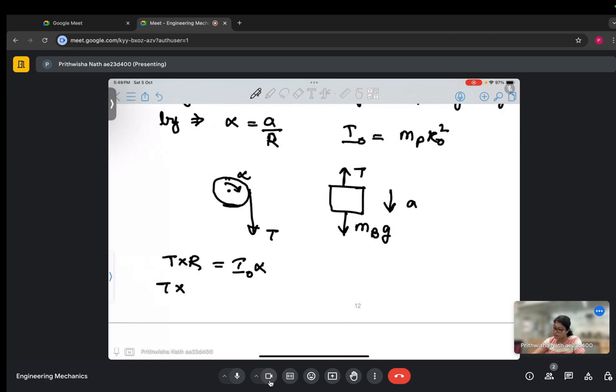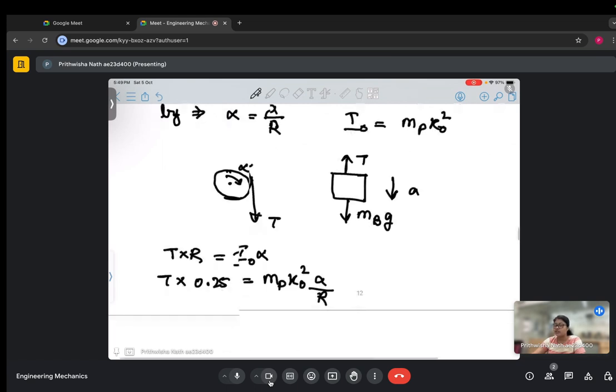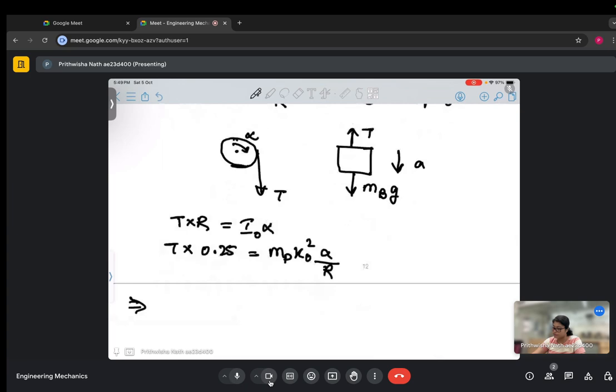T into 0.25 equal to, in place of I naught, I'll substitute MP into K naught square, and in place of alpha I will substitute A by R. So I'll further substitute these values.